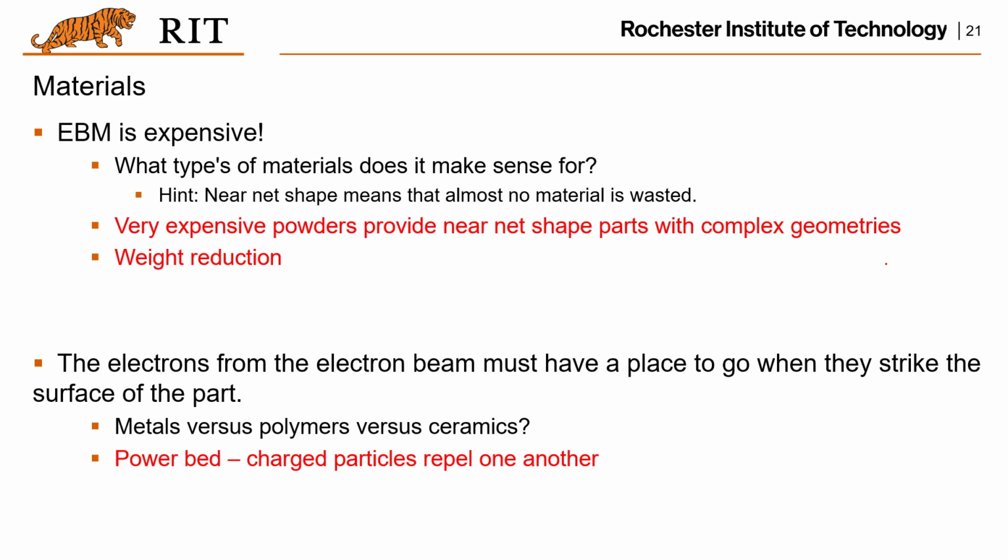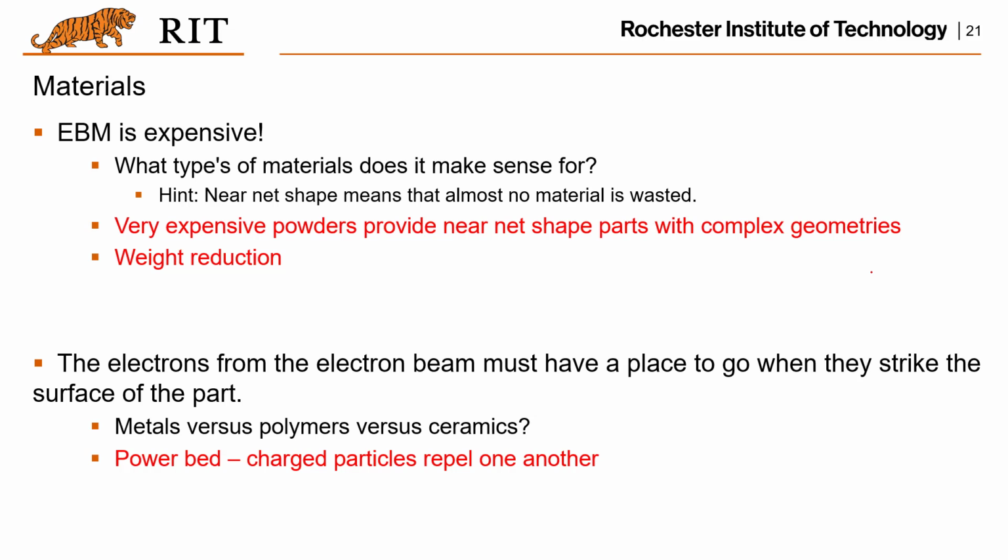Another thing is, for the EBM process, ceramic or polymer powders cannot be used because when the electron beam hits the powder bed, it will be conducted by the metal powder and led to the ground. But polymers or ceramics are not good conductors.